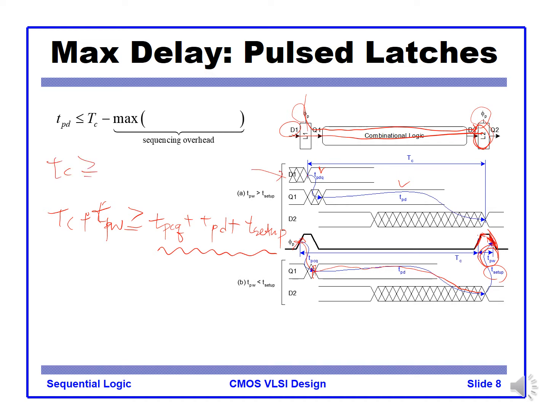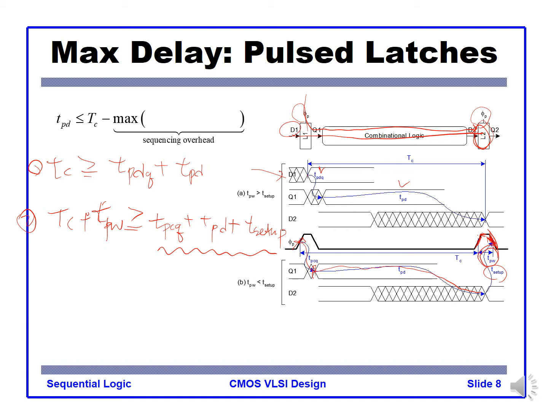So TPDQ, D to Q delay, plus TPD, right? So we have two equations, two cases that must be satisfied.